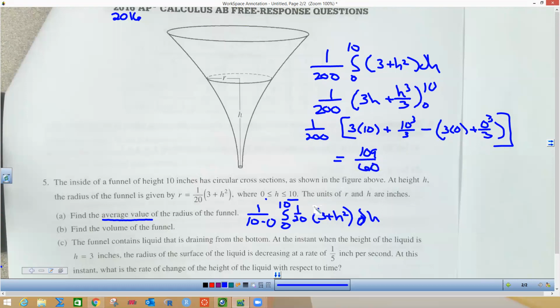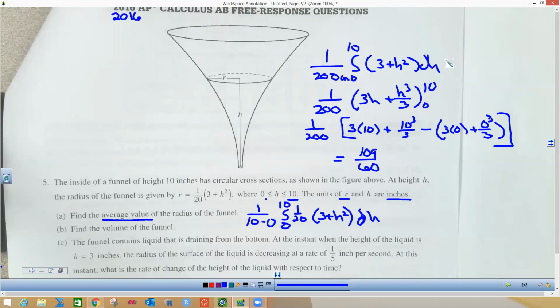Okay, now this does not say that you have to do the units, but if you want to, you should notice that the radius is in inches. So when we did this problem, this 10 minus 0 here is inches.